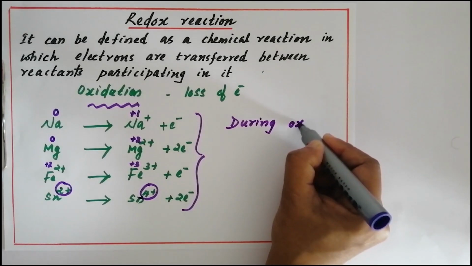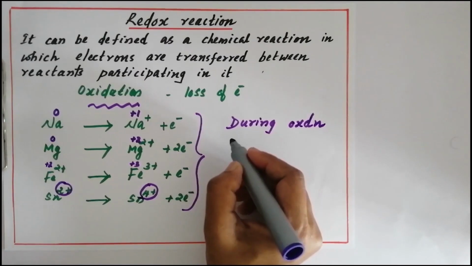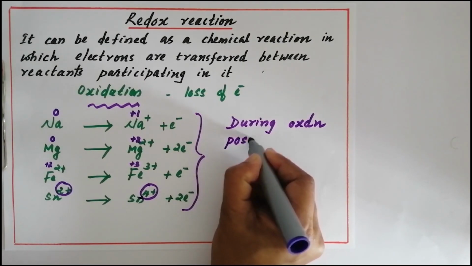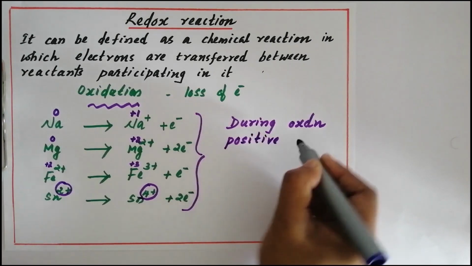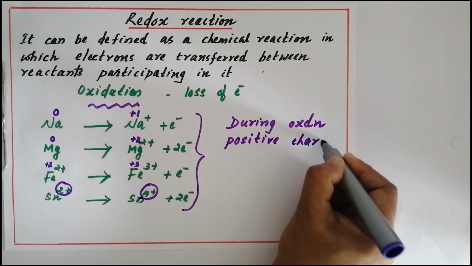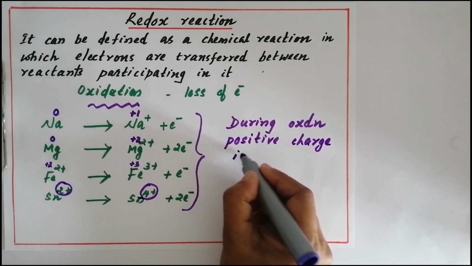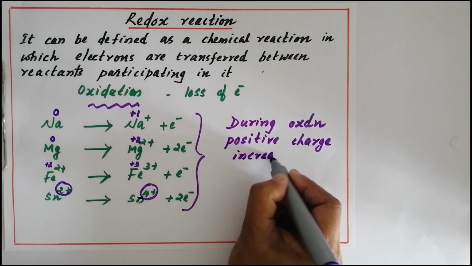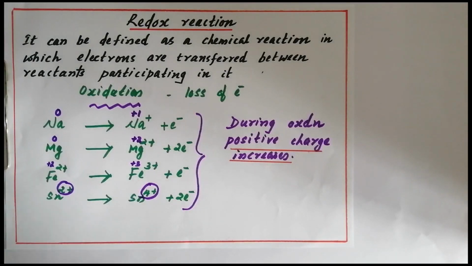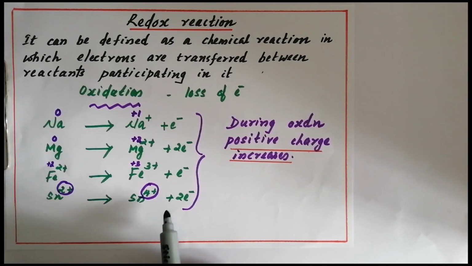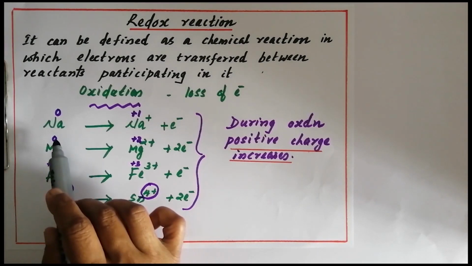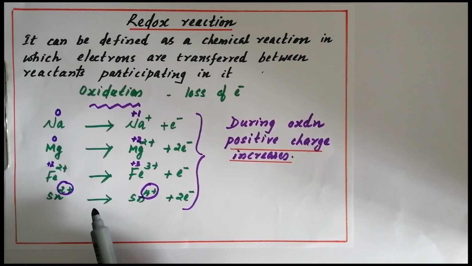During oxidation, positive charge increases. So what else we can observe here? We can see that there is an increase in oxidation number occurring in every reaction.